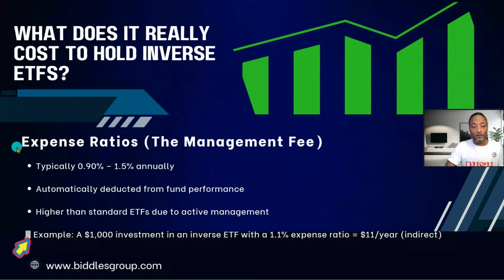An example is a $1,000 investment in an inverse ETF with a 1.1% expense ratio. It's going to cost you $11 per year. So, for example, I might put $3,500 into an ETF, and I will pay about maybe $35 to $40 for that year for use of that ETF because that's the management fee.